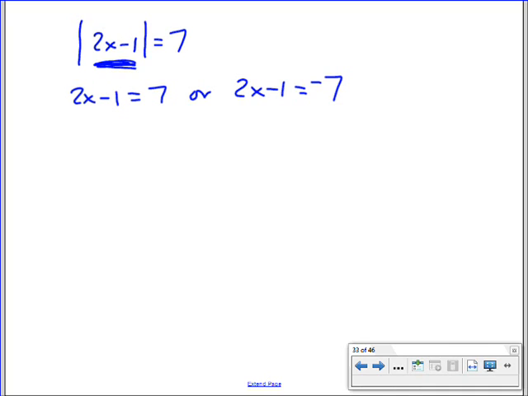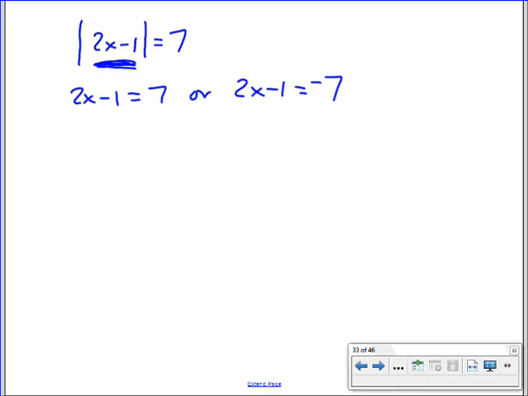So you need to look at the logic behind what we've done. Once we have an absolute value on the left-hand side and a number on the right-hand side, we say, well, what's inside when we took the absolute value was 7, or it could be negative 7, and when we take the absolute value of that, we also get 7. So 2x minus 1 could be either 7 or negative 7.